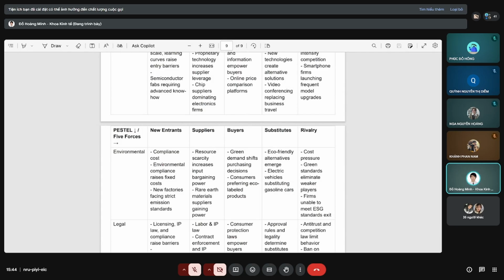Or the suppliers. If some supplier possesses rare material, for example rare earth material, they can improve the bargaining power to the industry.